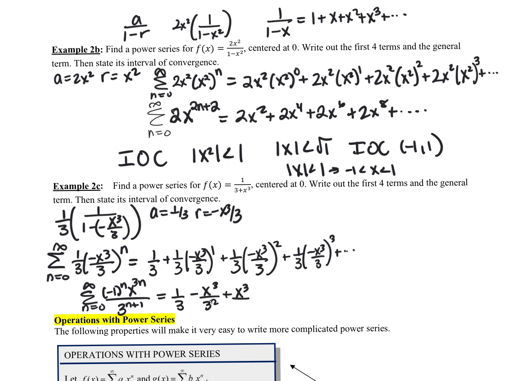And then we'll have a 3 squared times another 3 will be cubed. And then our last one will be a negative, because the cube is negative, and that'll be x to the 9th power over 3 to the 4th.